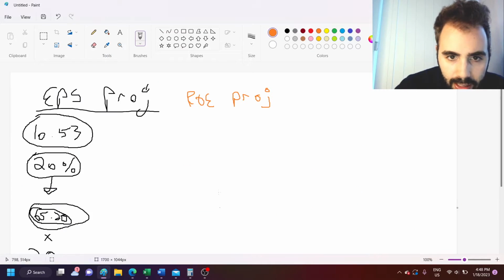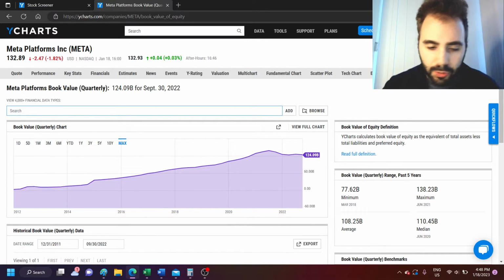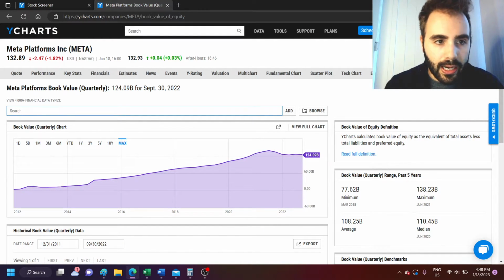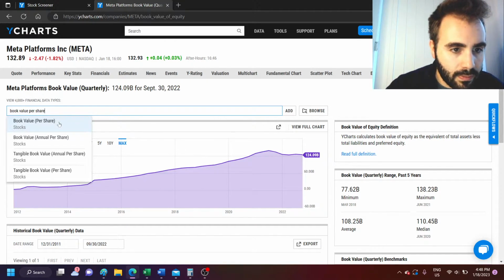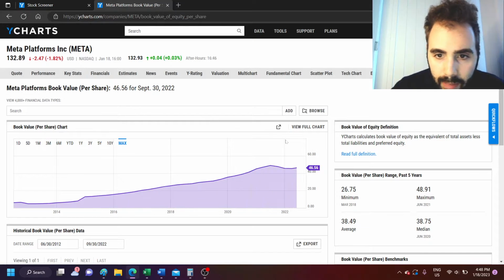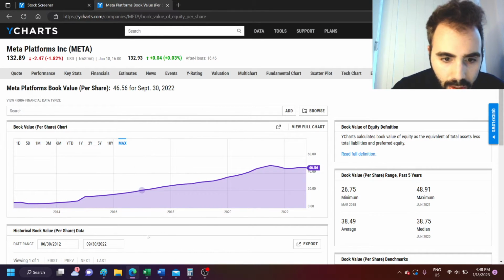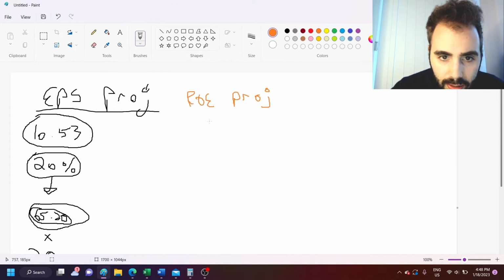So let's go back to Paint. Actually, we'll use the per share figure since we use per share figures for the other numbers. Meta's book value per share was about $47 per share. So let's go here to Paint.